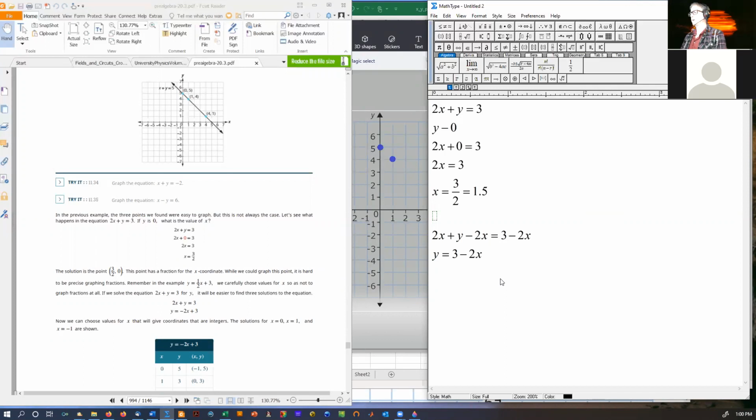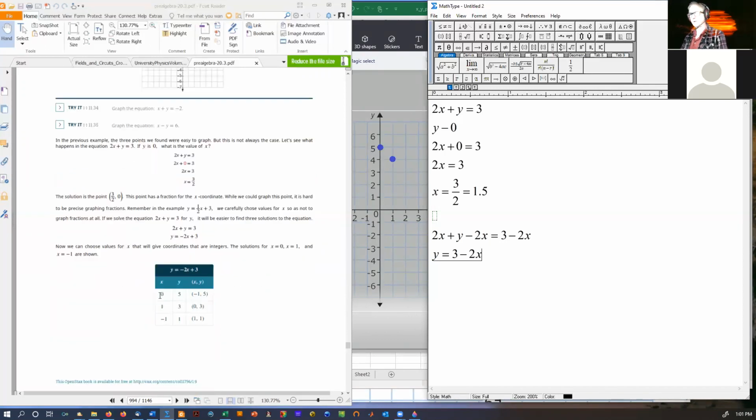So we could build up our own table here. I think this table here in the book is wrong. So for x equals 0, y doesn't equal 5, it is equal to 3. So ignore this table. This is a bad table. They've done a bad job here. So we'll recreate this table over here.